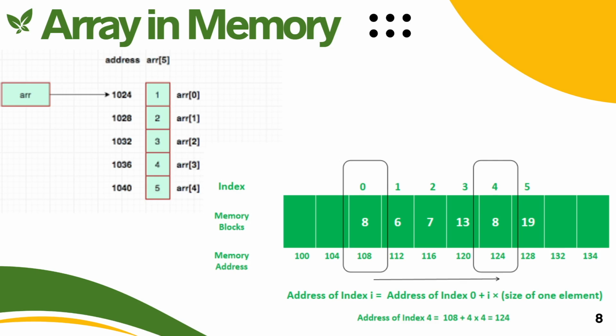So, in the first diagram, you could see that I have 5 elements, and the starting address of that array is 1024, which means the first element of that array, A of 0, is at memory address 1024. As I said, since it is an integer array, every element would require 4 bytes, and you could see that every other element is available at a regular displacement of 4.